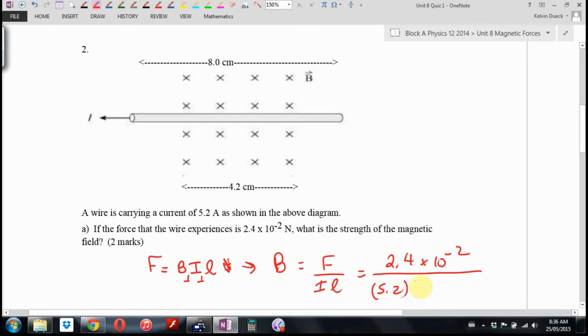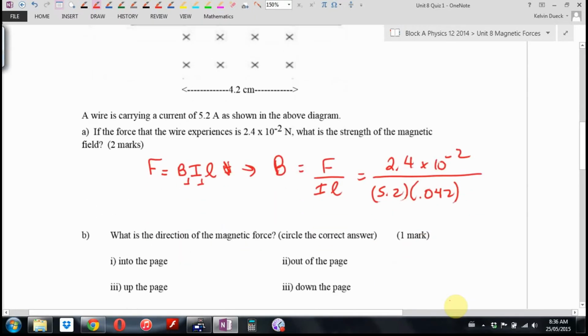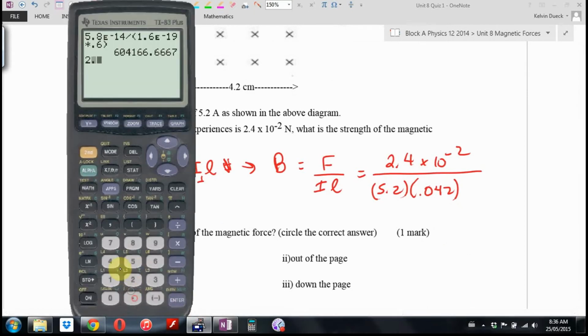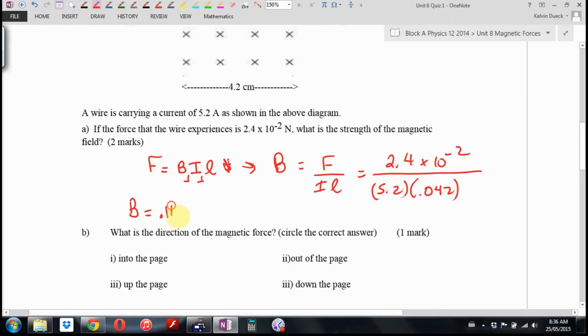Of course, I'm going to do the conversion to 0.042. I get a magnetic field of 0.11 Teslas. Is that right? Okay.